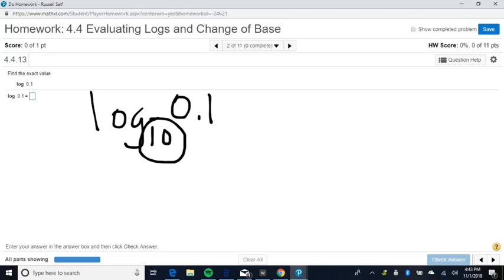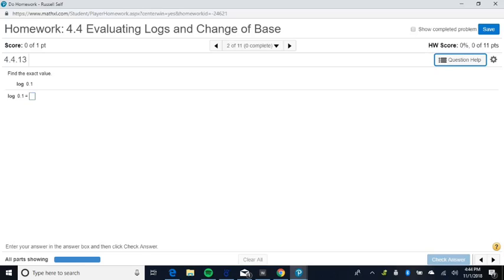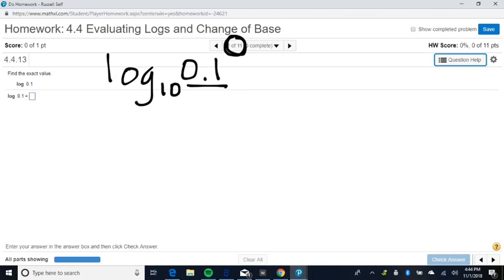So if you want to find the exact value of this, we just have to put some power on the 10, some power of 10, right? Well, if you're going to put an exponent on a 10 to make it into 0.1, then you've made it smaller, but the number has stayed the same.